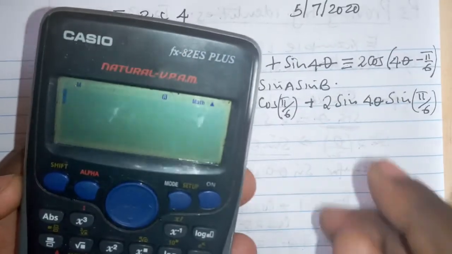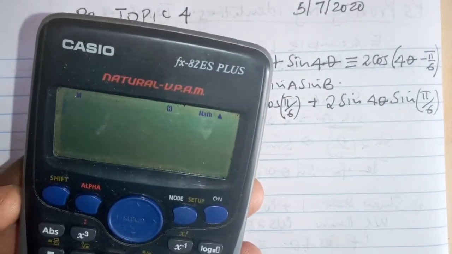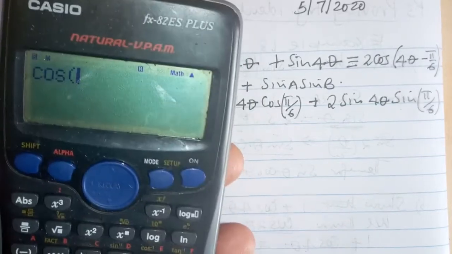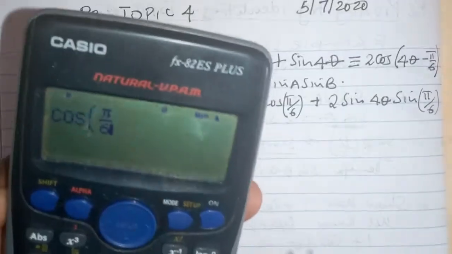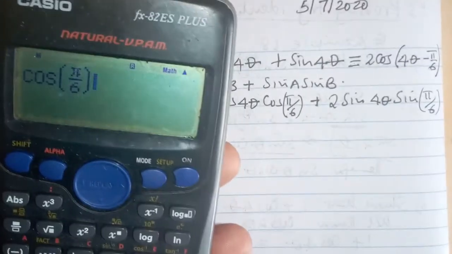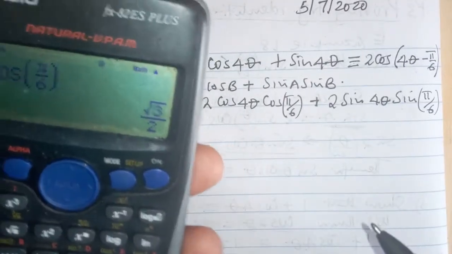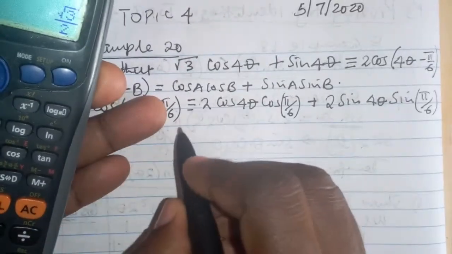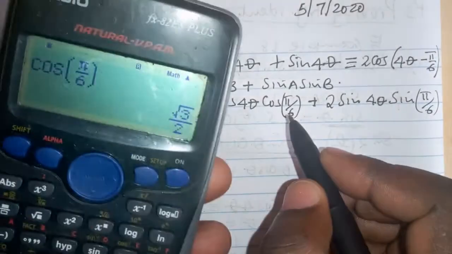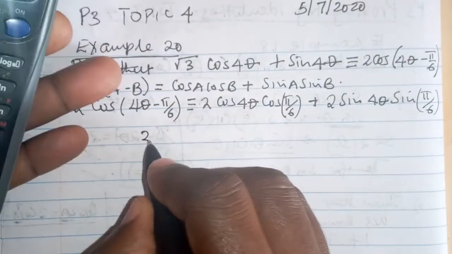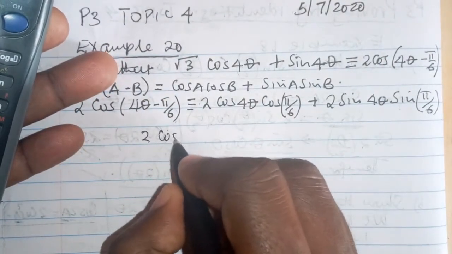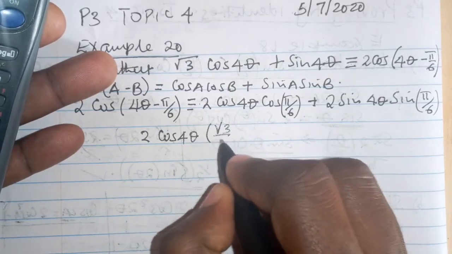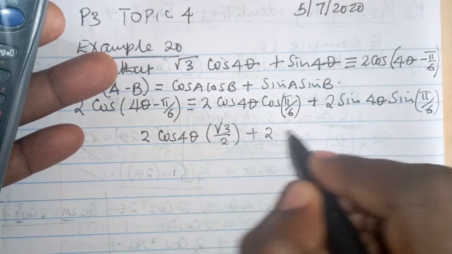And if we pick our calculator, the cosine of pi divided by 6 is equals to root 3 over 2. So the right hand side can actually be 2 the cosine of 4 theta multiplied by root 3 over 2 plus 2.